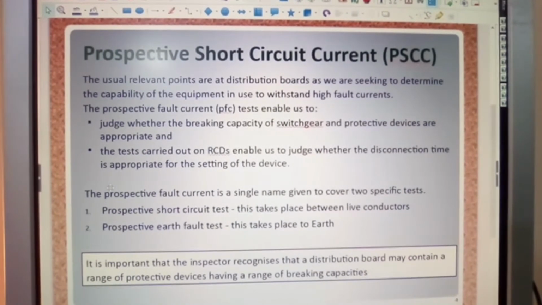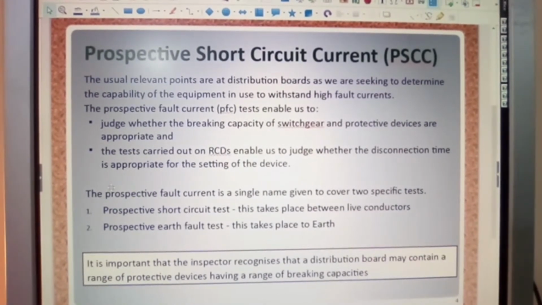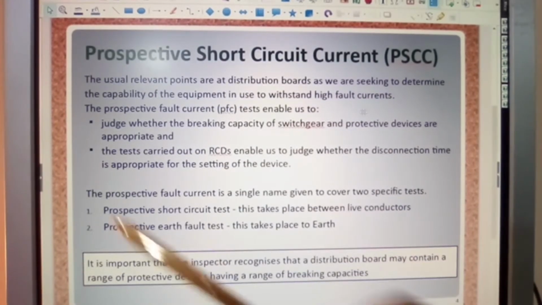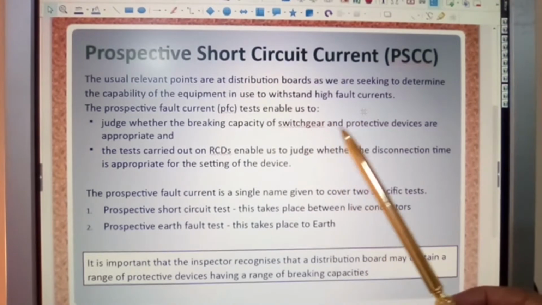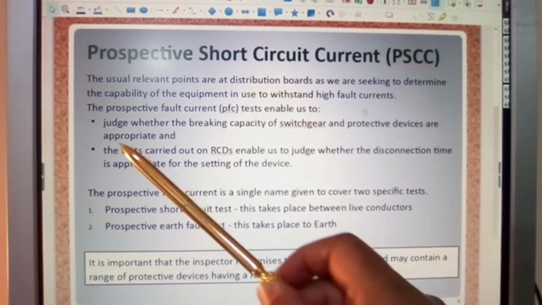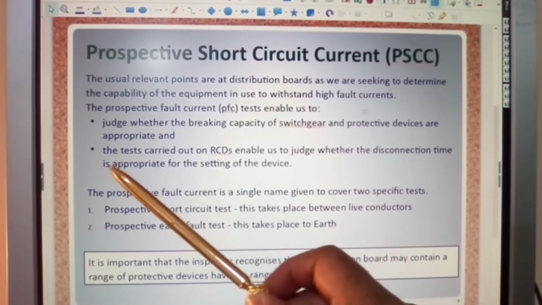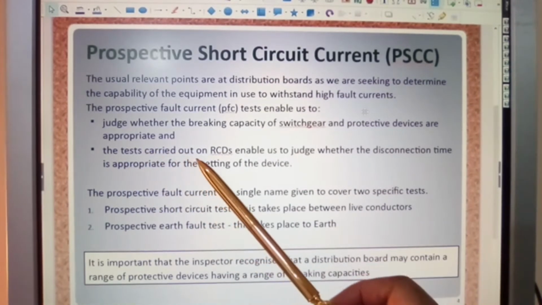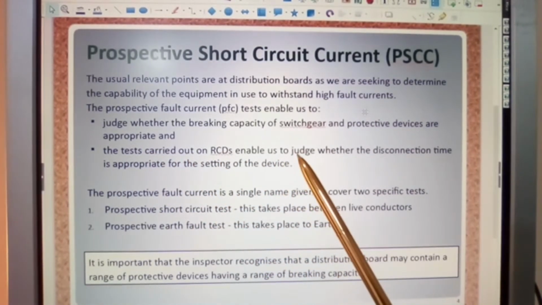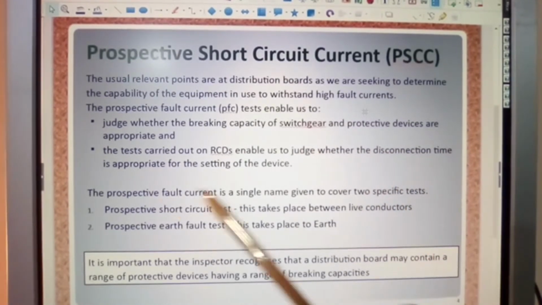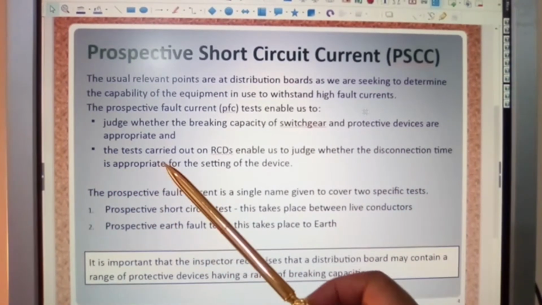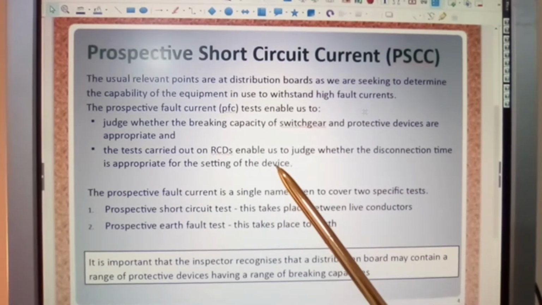The prospective fault current (PFC) test enables us to judge whether the breaking capacity of switchgear and protective devices are appropriate, and the tests carried out on RCDs enable us to judge whether the disconnection time is appropriate for the setting of the device.